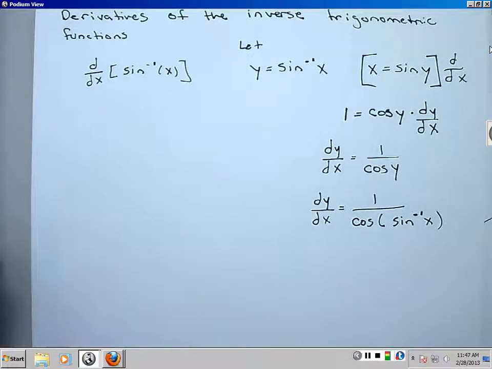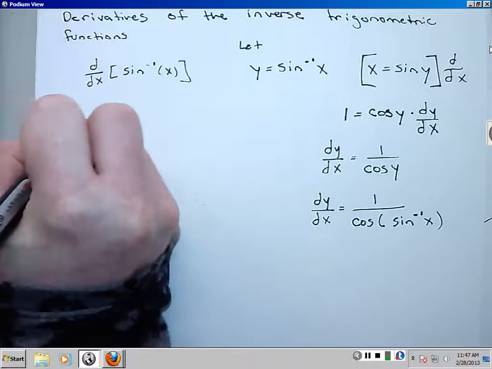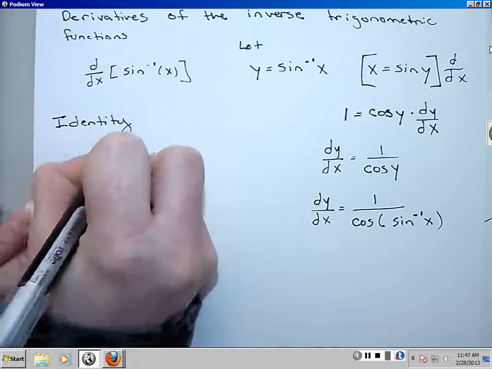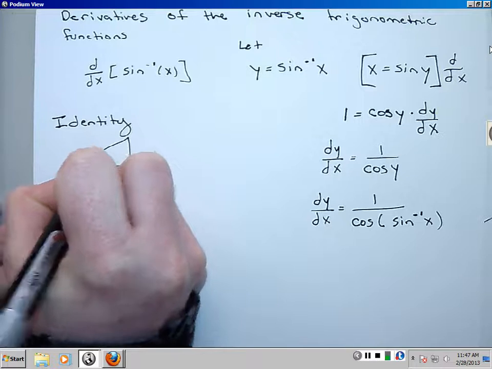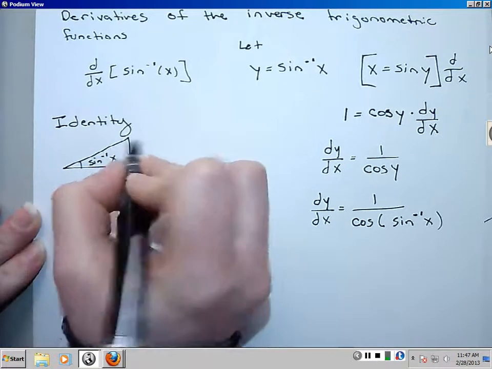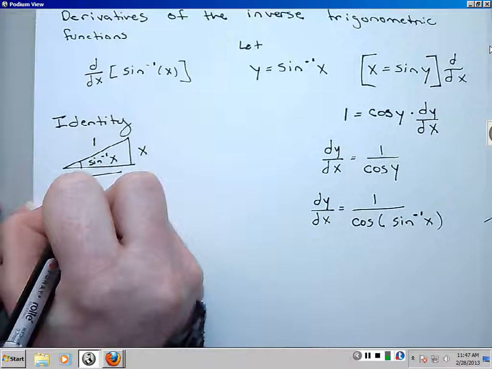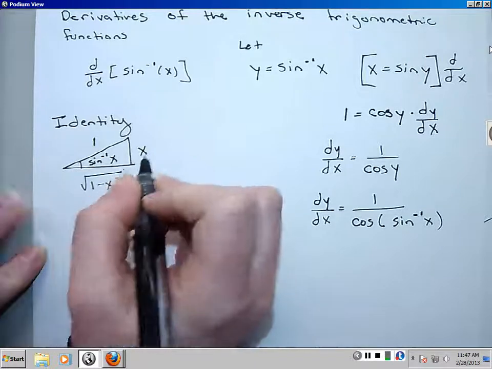So the identity your book gives you, so if this angle is sine inverse of x, we have the relationship x, square root of 1 minus x squared, right?